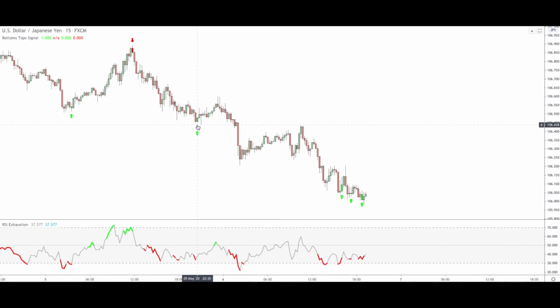In strict terms, this is a bottom because we had a small retracement, so it is technically correct, but I would definitely have skipped this kind of signal because there is not enough evidence that this is going to be a kind of a major bottom.